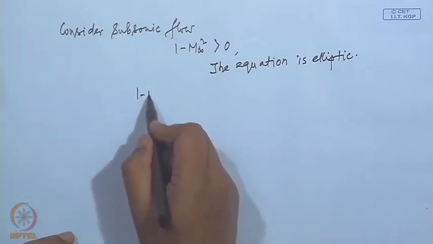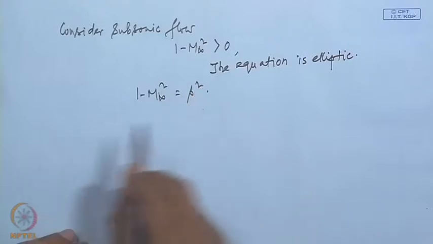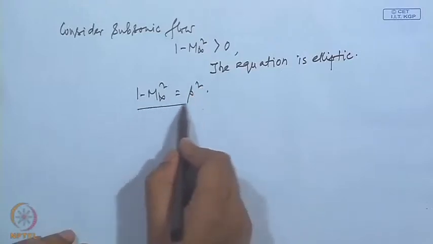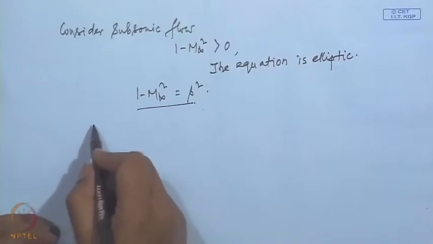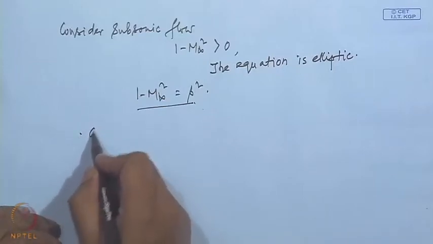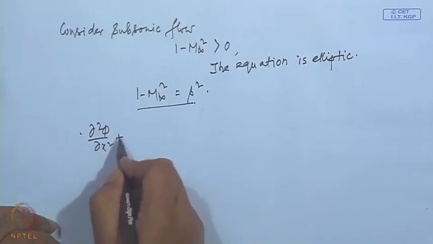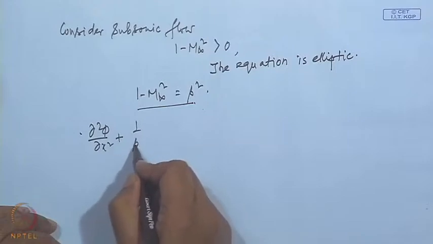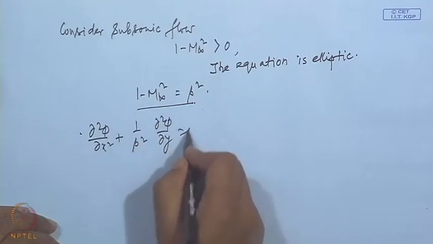Let us say 1 minus M infinity square is beta square for convenience, and the equation can be written as d 2 phi dx square plus 1 by beta square d 2 phi dy square equal to 0.